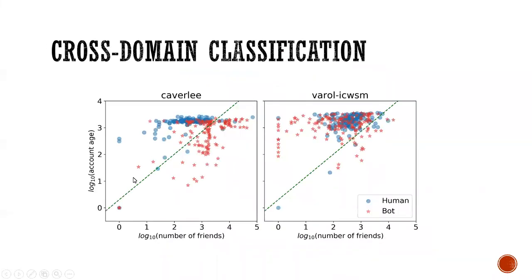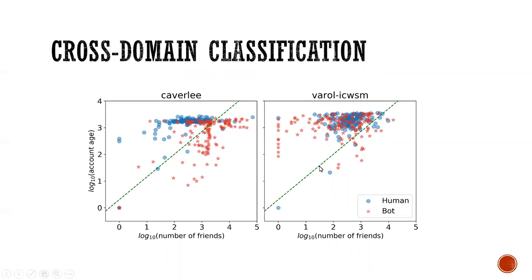Let's see a simple example of a cross-domain bot detection. We trained a logistic regression on Carolee using the top 2 important features that discriminate bots and humans in this dataset. We see that the linear classifier can fairly separate 2 classes when tested in the same dataset.